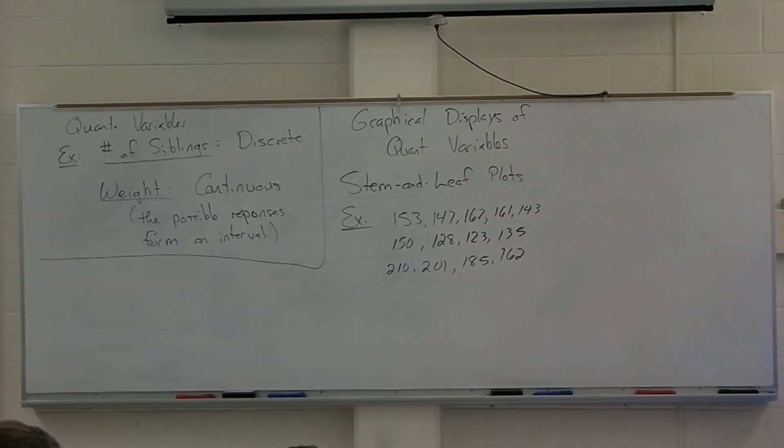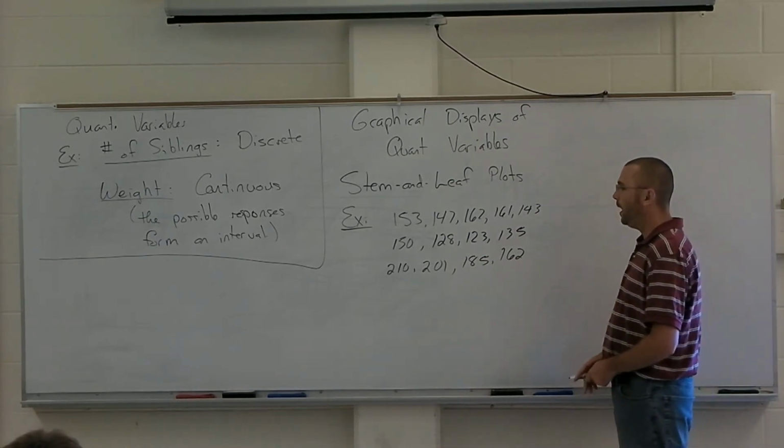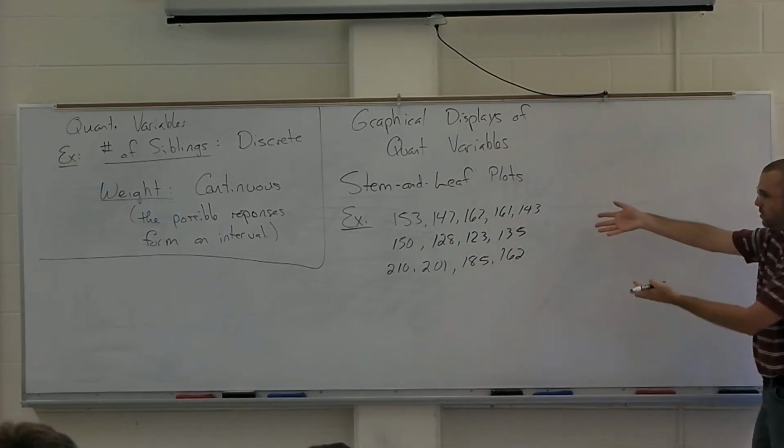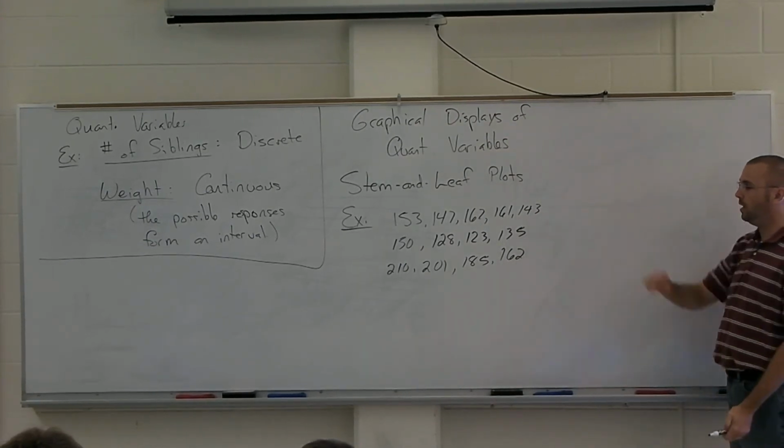So these are some weights that I collected from a group of people. And what I want to do is I want to find a good way of displaying this data. Okay? Here is the raw numbers. These are the raw data that I've collected.